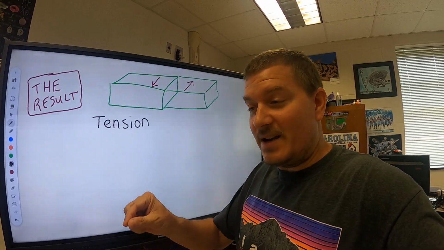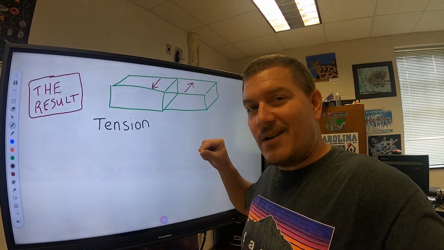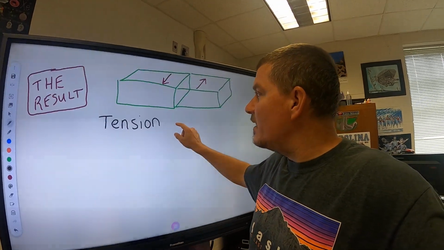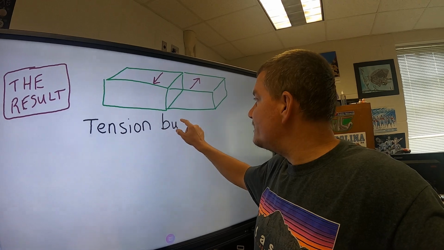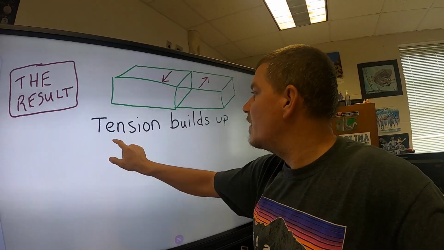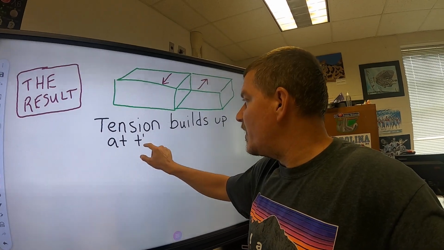You think of a rubber band. You stretch a rubber band out. It's got a lot of tension. If you let that go, it's going to fling forward. So tension builds up at the plate boundary.